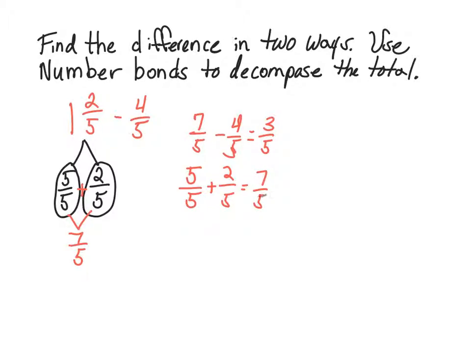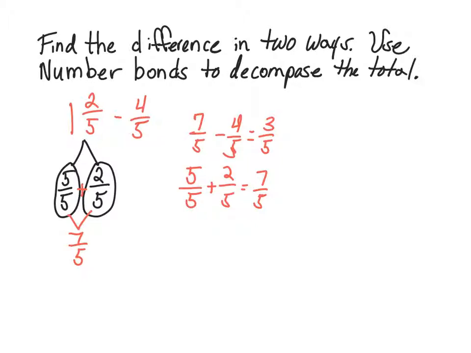See how we can bring it back together again? So you have all these different ways of showing. We can use the inverse operation in finding the difference of these two fractions. And number bonds is going to help us break that down easier for us so we can solve it quicker.